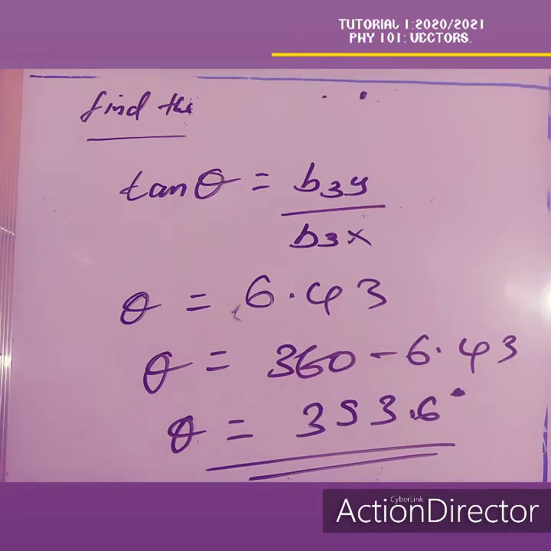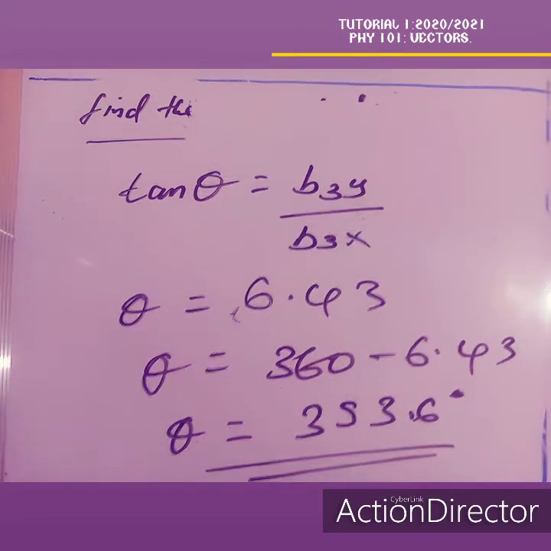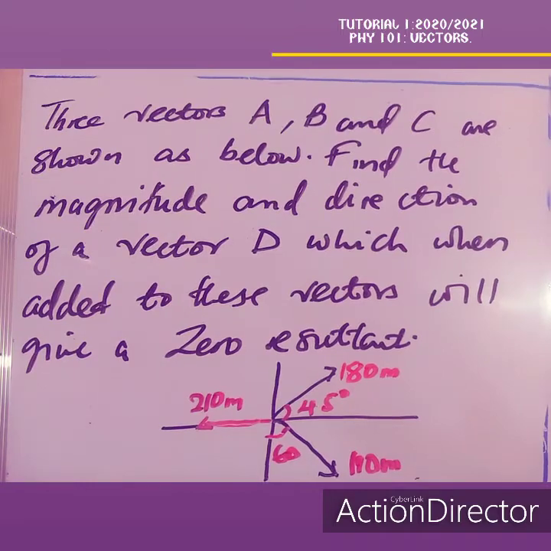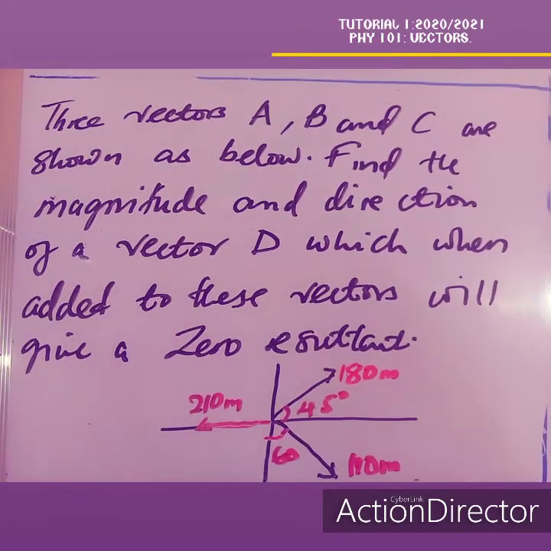Okay, so let's look at the next question. Three vectors A, B, and C are shown as below. Find the magnitude and direction of the vector D, which when added to these vectors will give a zero resultant.